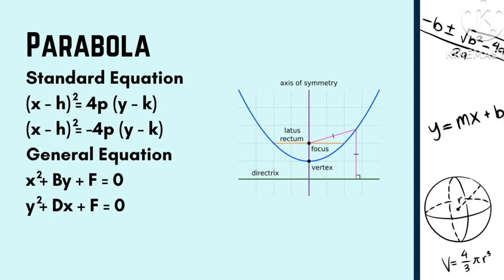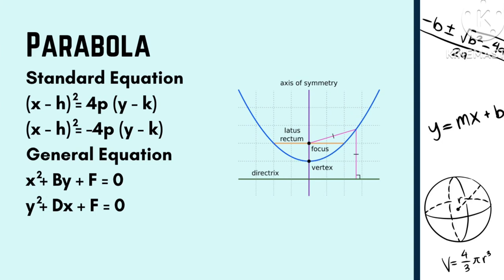Our standard equations of the parabola are (x - h)^2 = 4p(y - k), and (x - h)^2 = -4p(y - k). So the first standard equation is when our parabola is opening upward, like the image presented. And the second equation represents a parabola that is facing downward.